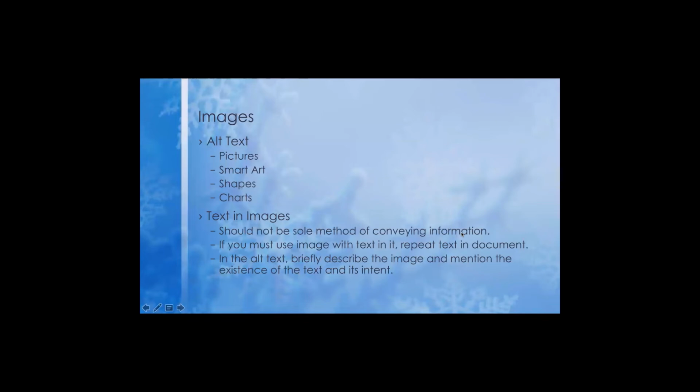All right, so if you're creating charts based on data you have in a spreadsheet or some shapes to demonstrate some concept in the slide, just make sure that you look at alt text as well as the reading order. And, as we mentioned earlier with the color of the text, text in images can be an issue.